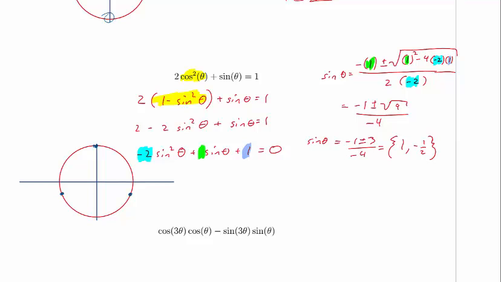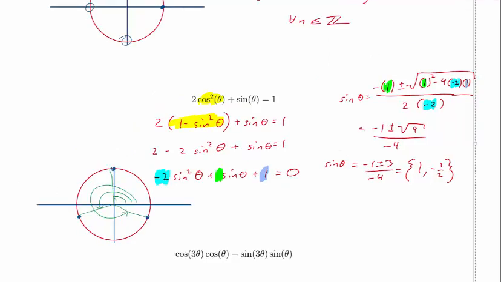Those are all of our potential values. Like so. So let's look at this first value. Right, theta equals pi over 2. And we want to include every revolution, so 2 pi n.